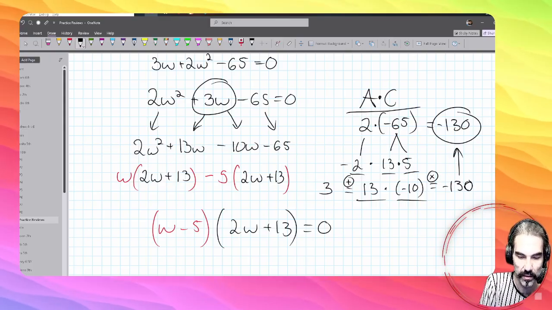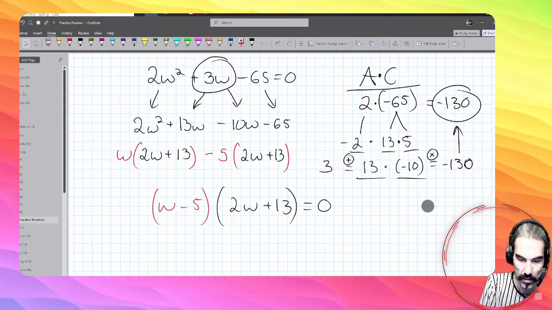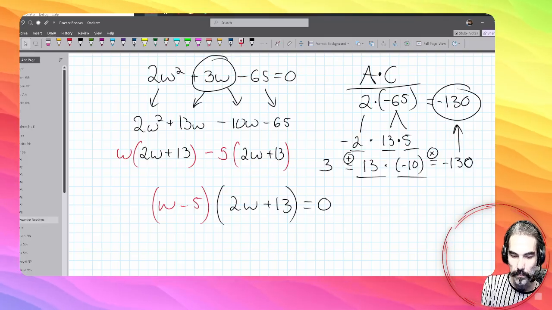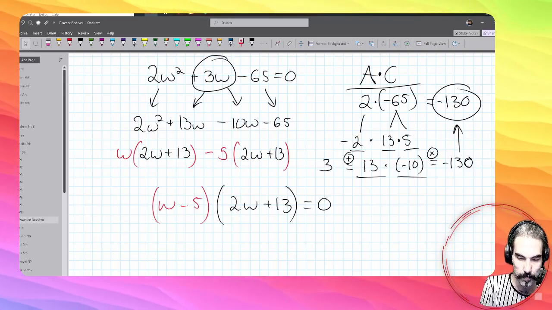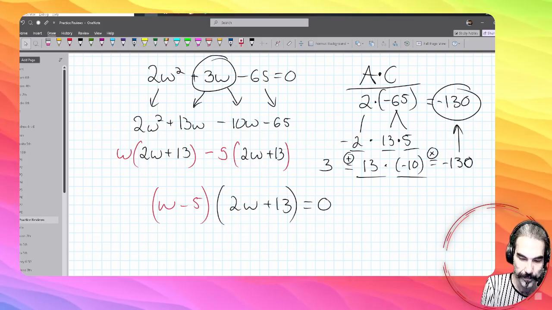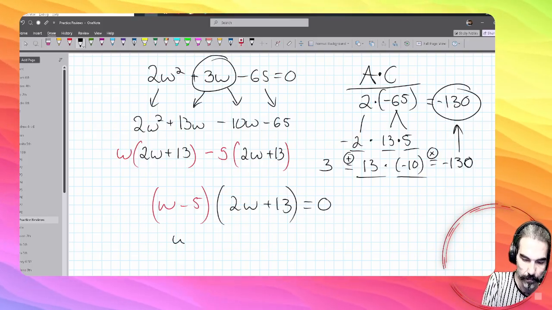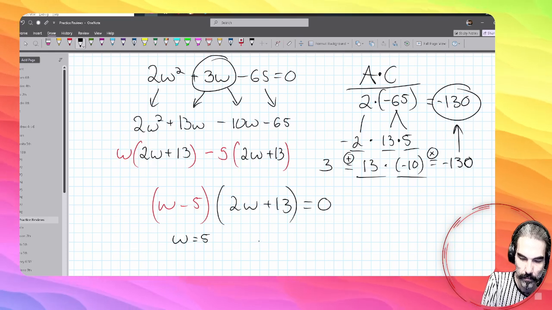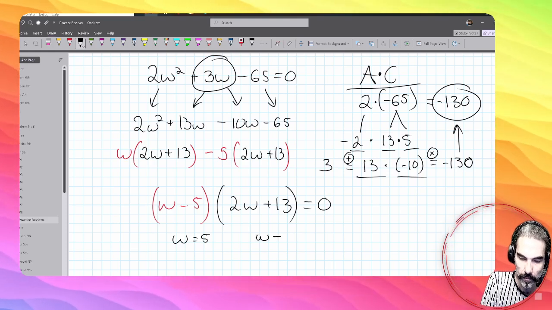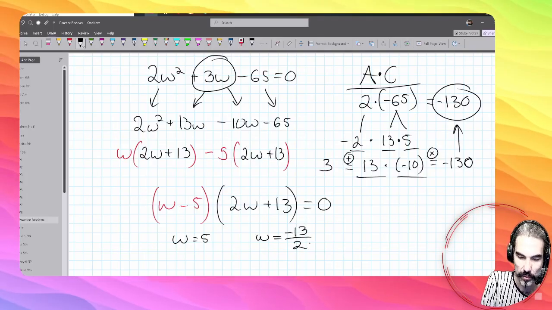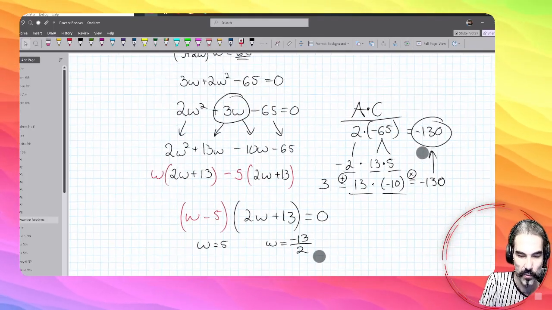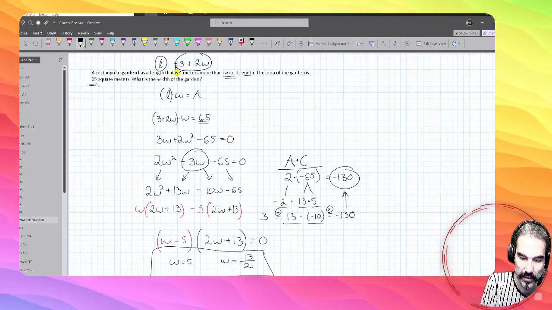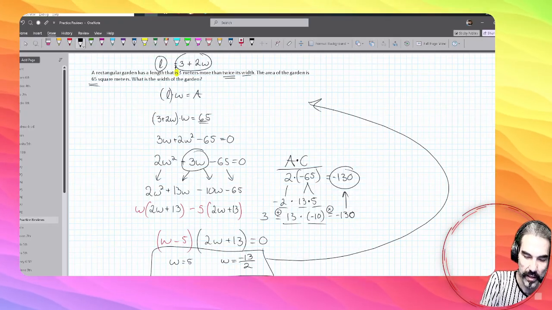And then finally, to find the width here, what do you think? One would be W equals positive 5. And the other one would be negative 13 over 2. And what do we think about, again, when we see a realistic garden answer and then some value that's giving us a negative length?